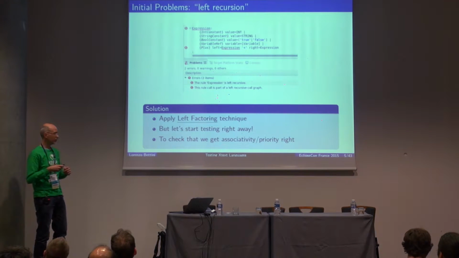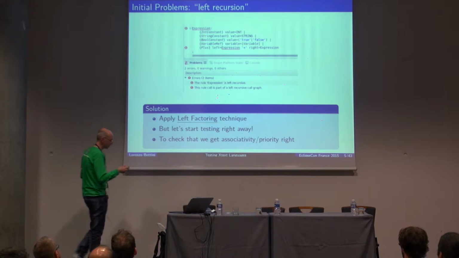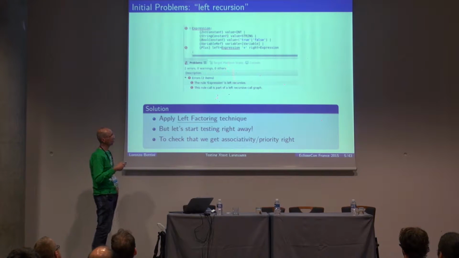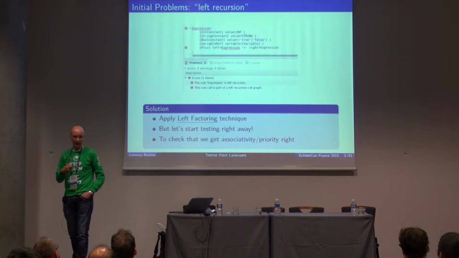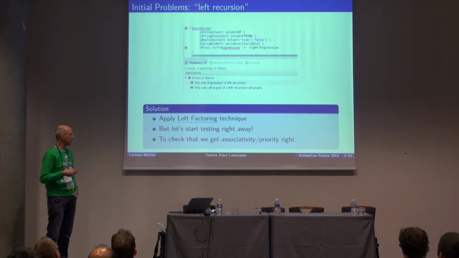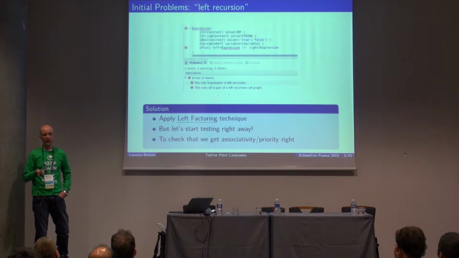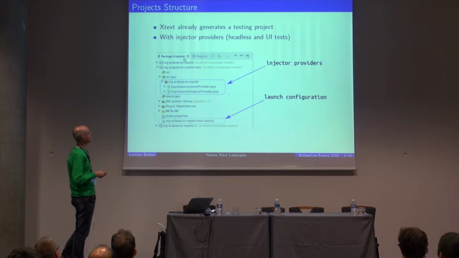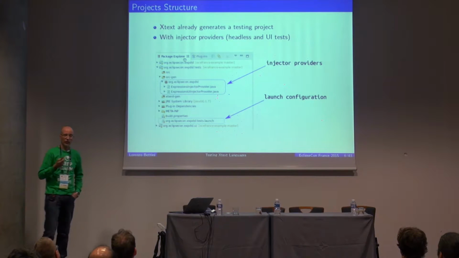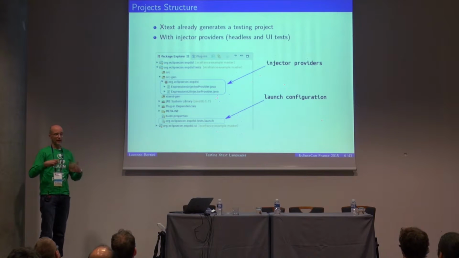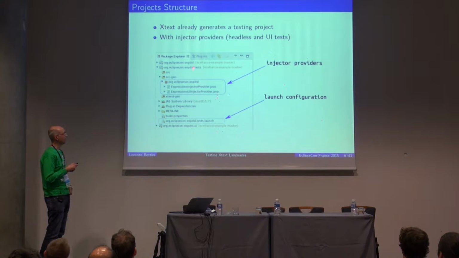The parser, first of all. And we also especially test that the associativity of the expressions is correct, and also the priority of the expressions are correct. So Xtext already provides you with a starting point for testing because it generates a plugin project only for tests.